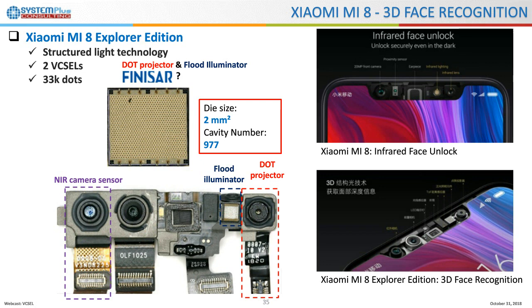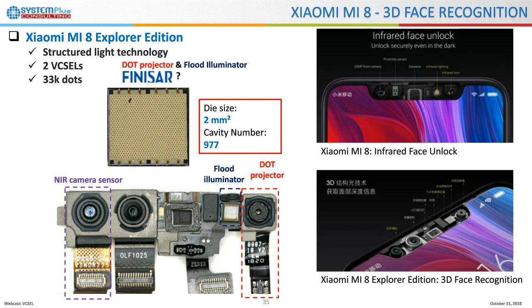It's really difficult to obtain this phone. It seems that the volume is not really huge, so nothing compared to the iPhone and also to the Oppo Find 10. If we have a look now at the module, it's also quite interesting because they are using a quite compact module, using also two VCSELs in this structured light technology approach.